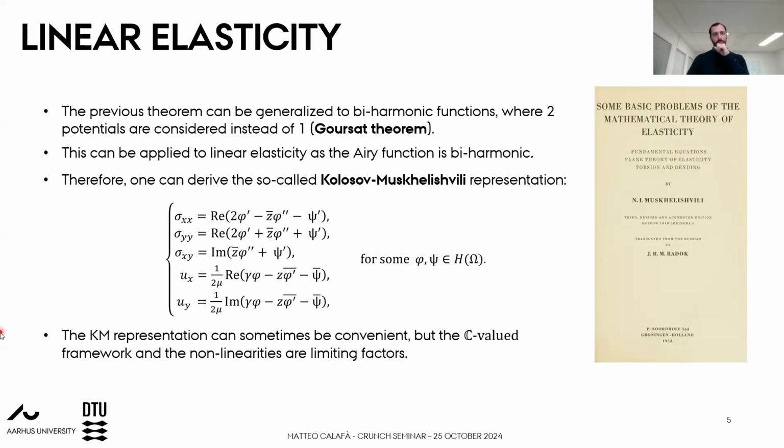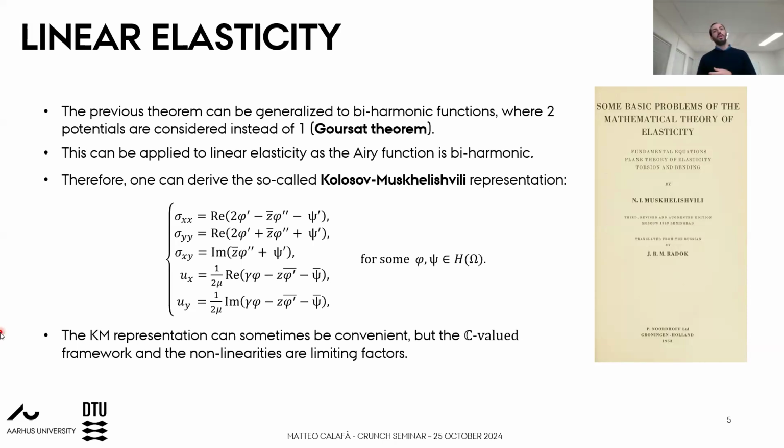So I was saying that this representation can be very convenient, and thanks also for the questions. This formulation can be very convenient because by taking any phi and psi, we can automatically obtain solutions to linear elasticity. But again, this setting is complex-valued, so that sometimes doesn't help.